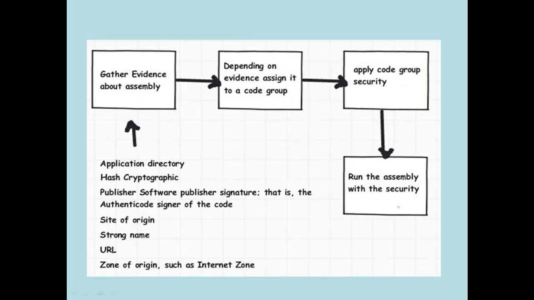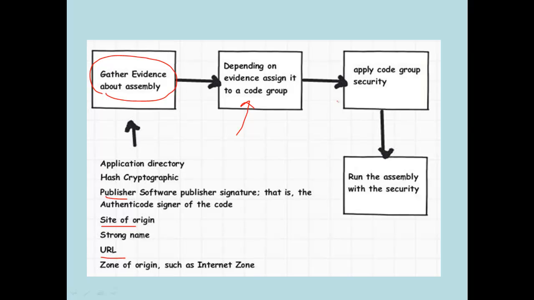So now that we have understood what is a permission set, a code group, and evidence values, let's try to understand what happens when your assembly or exe starts executing. The first thing, before the assembly even executes, is that evidence is gathered about the assembly. So it says, who is the publisher, what is the site, URL, etc. from where this assembly has come. Depending on the evidence values, a code group is assigned to this assembly.